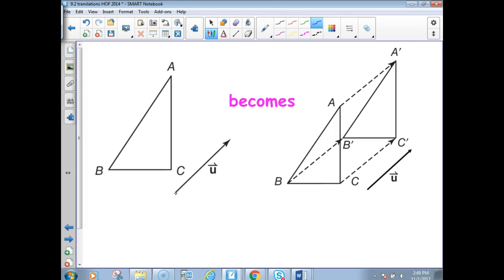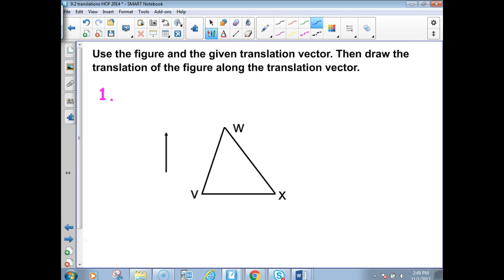They measured from the beginning of the vector to the tip, and then did the same length for all of those vertices in the same direction and made the picture. So you have to actually go parallel. We're going to try to do more that go this way or this way because it'll be easier than these slanted ones.